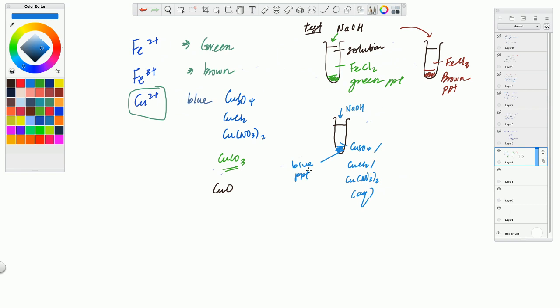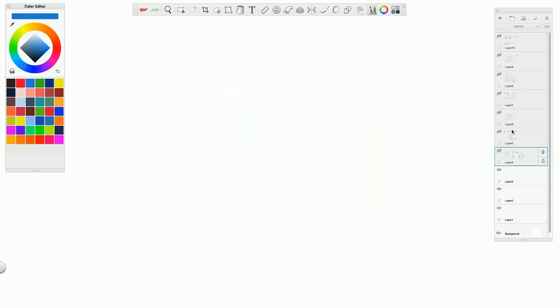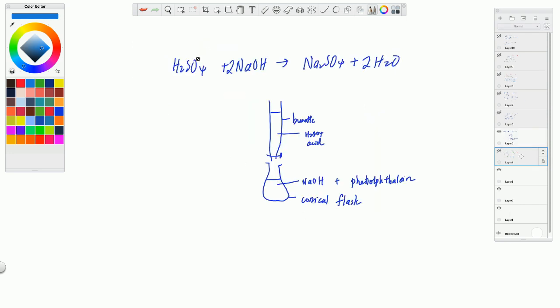Okay, now if you're talking about using oxidizing agent, then that's different. So oxidizing agent is acidified potassium manganate 7.